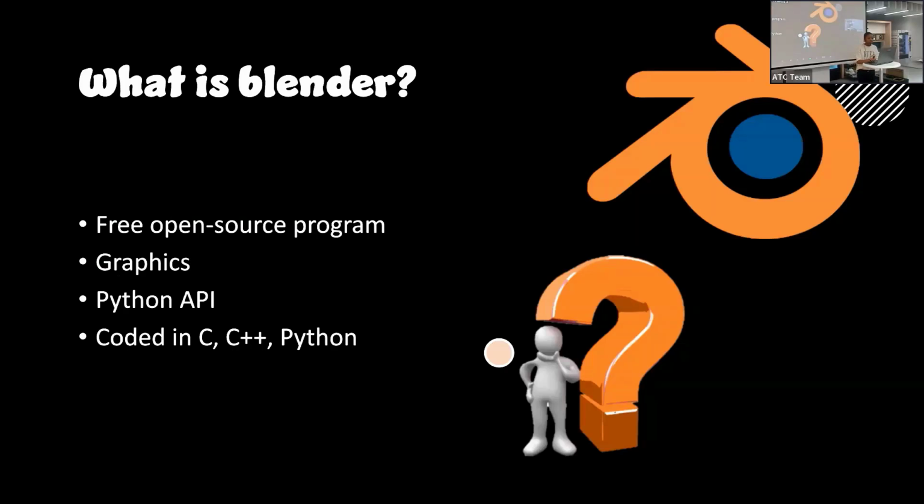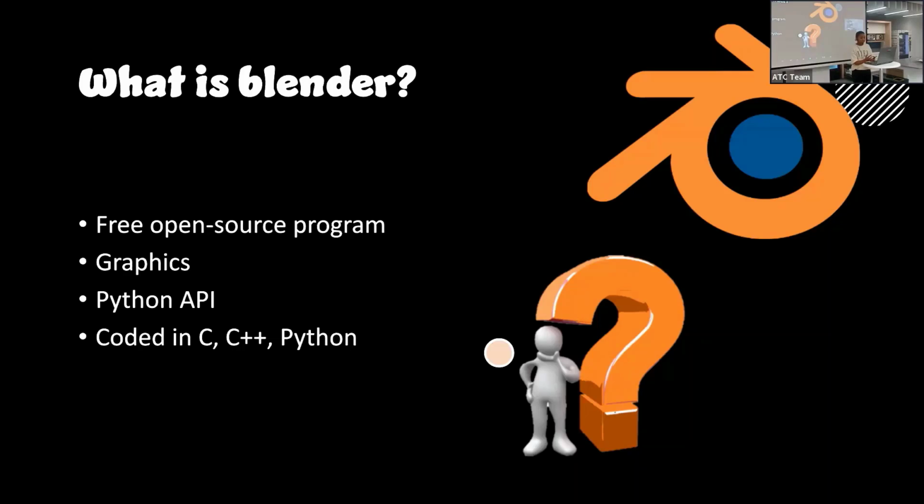It basically involves graphics, creating a lot of things that are 3D, 2D, depending on how you want to use it. It's coded in C, C++, and Python, and it uses Python scripting for the API.